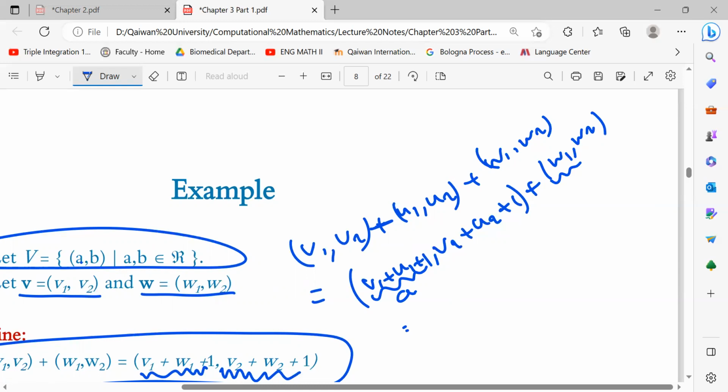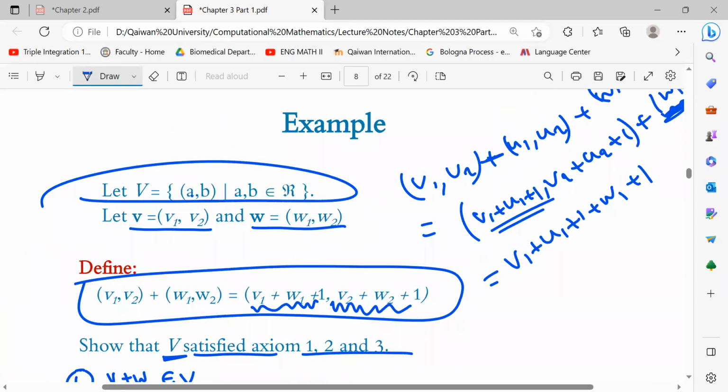What's the sum of those two vectors? These two vectors give V1 plus U1 plus 1 as the first component, and the first component here is W1, plus 1. As you see here, first plus first plus 1. We always add 1 for the sum of any two components.